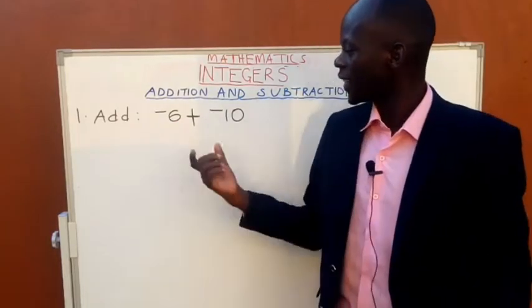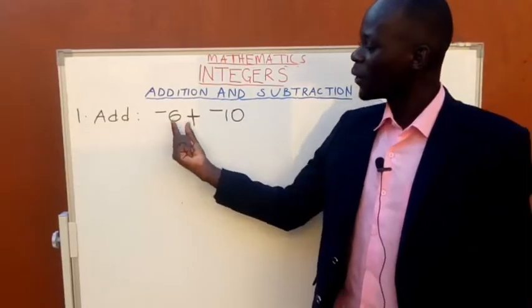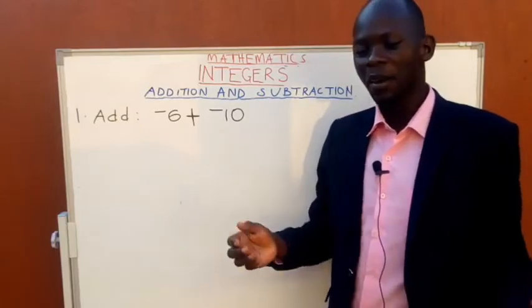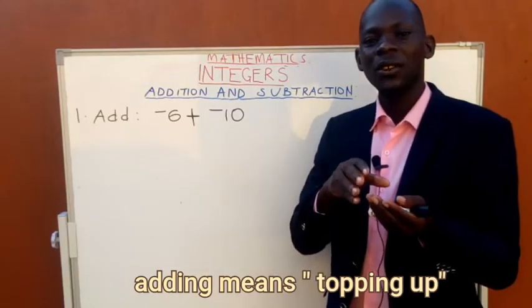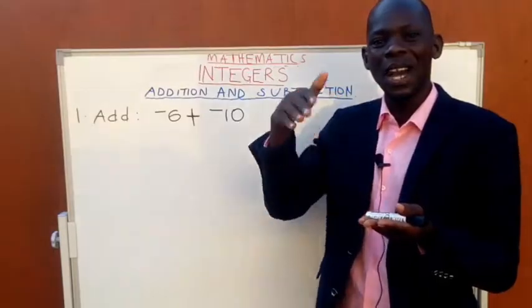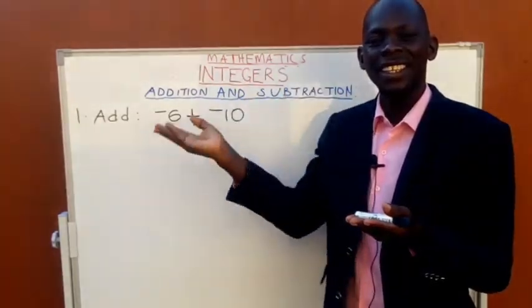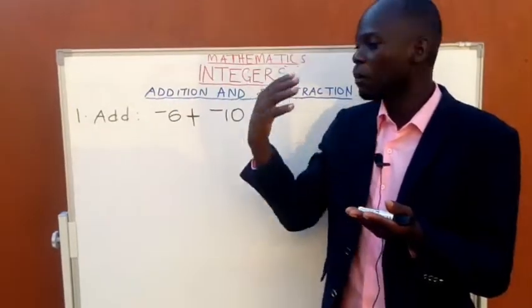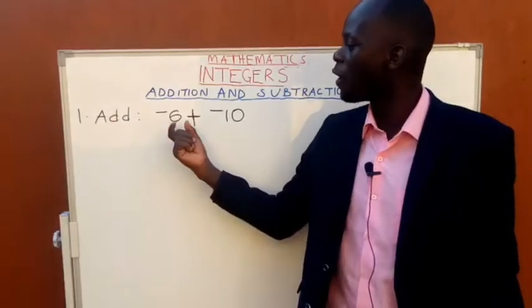When we are looking at this number, remember I told you when you are adding, you already have something in your hand. We are topping up, putting together, just topping up. For example, here you already have a 6.